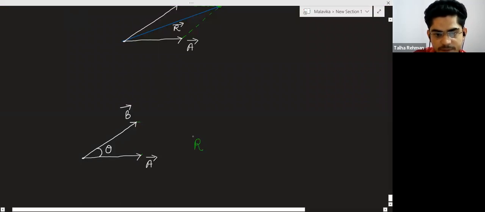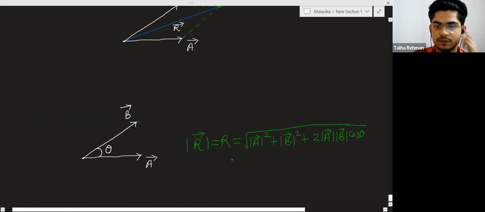The magnitude of the resultant, or you can say resultant R, is given by the square root of magnitude of A square plus magnitude of B square plus 2 magnitude of A magnitude of B cos of theta, where theta is the angle between the vectors.